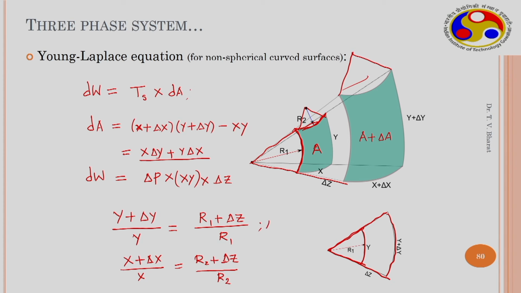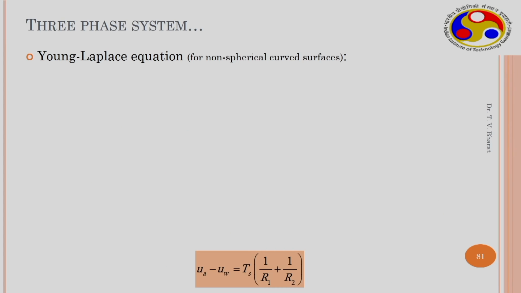Therefore delta y is equal to y times delta z divided by R1, and delta x is equal to x times delta z by R2.